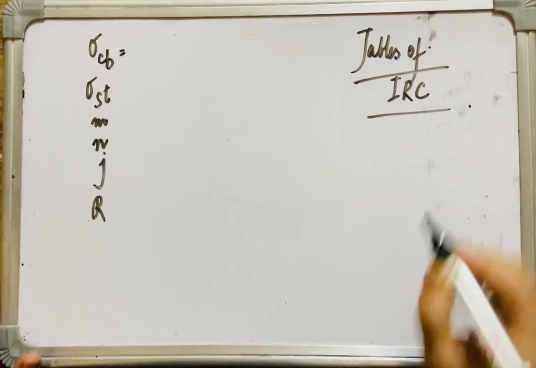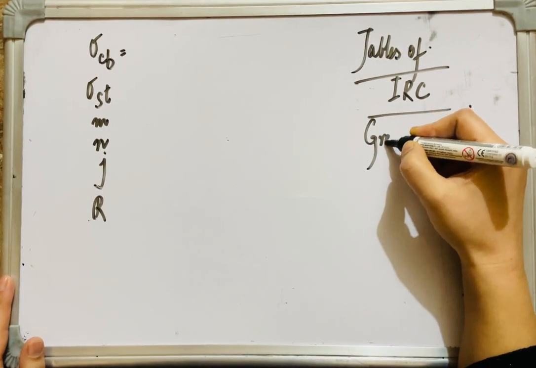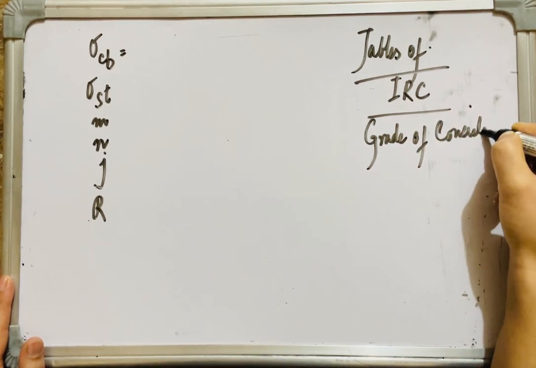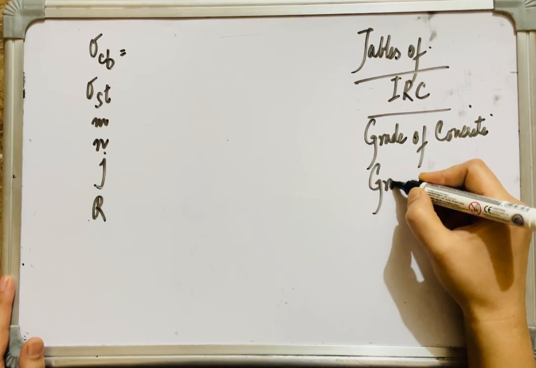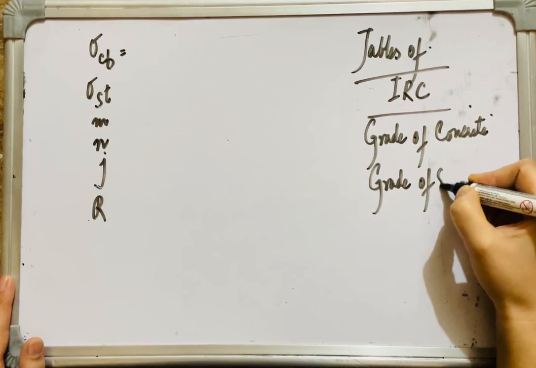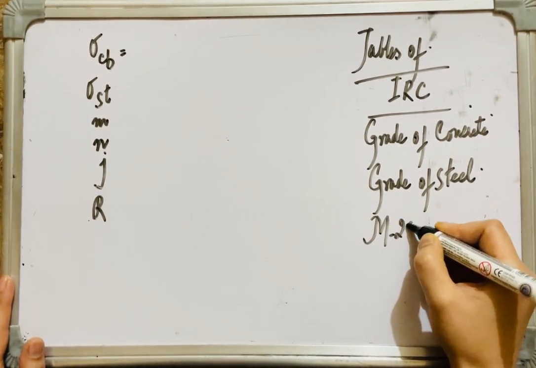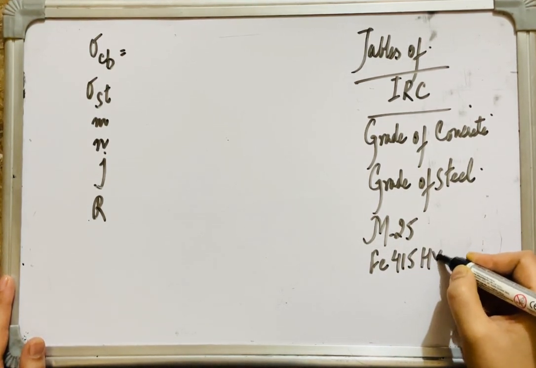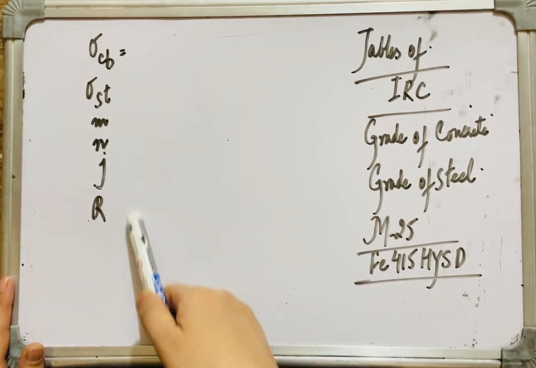There you have to check for your grade of concrete and for your grade of steel. Since the question's data said you have to use M25 for concrete and Fe415 HYSD bars, from tables I'll have the values of everything.